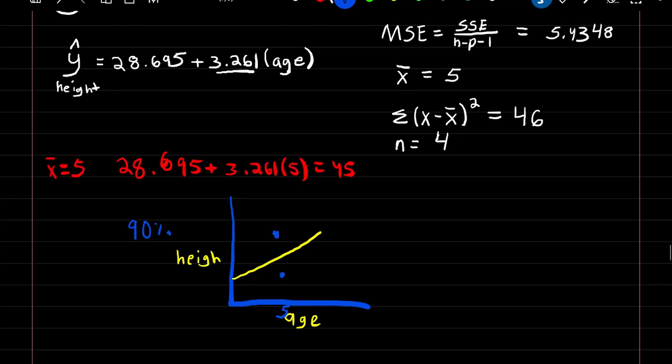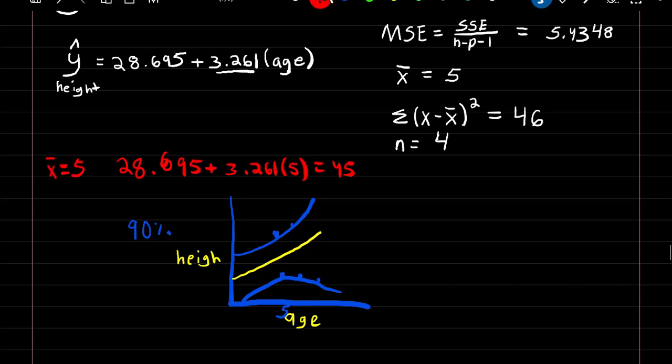We can do the same thing for when age equals 6, it will fall within this range, and when 7, it'll fall within this range. If we connect these dots, we form a range of predicted values within which the true population parameter lies. So we're going from a sample to the population.